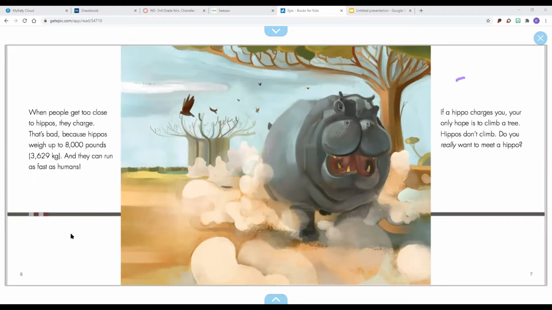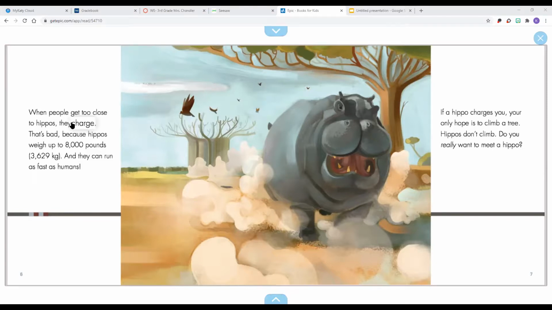So when people get too close, hippos charge. Well, that's a detail that I'm like, all right, well, wait a minute. I don't think I want to meet a hippo if they're going to be coming at me. And then there's another detail of, well, hippos weigh up to 8,000 pounds. Yeah, I'm not about that, right? That's a big hippo.